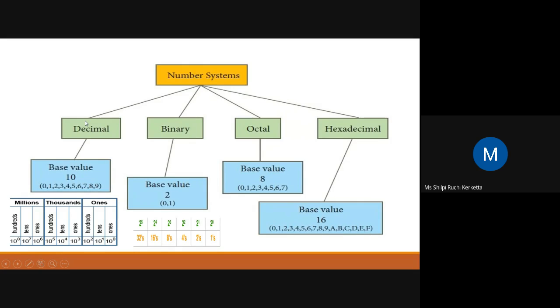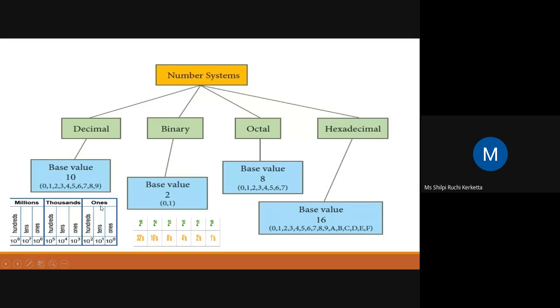Whatever we have read in primary school, like decimal, we have digits from 0 to 9. If we count these numbers from 0 to 9, we have 10 digits. Because the number of digits is 10, we have taken a base value of 10.